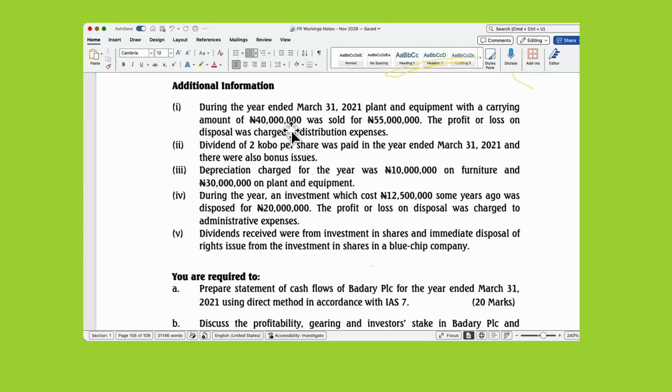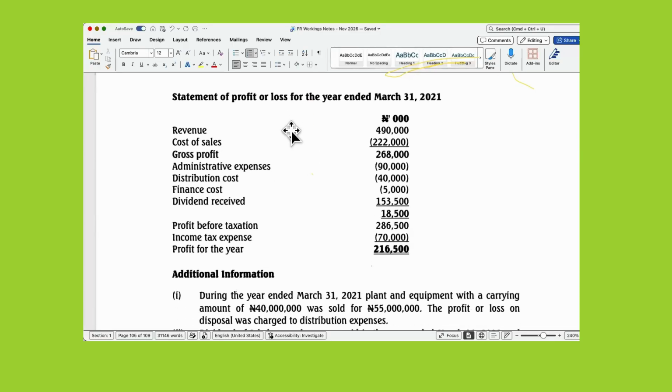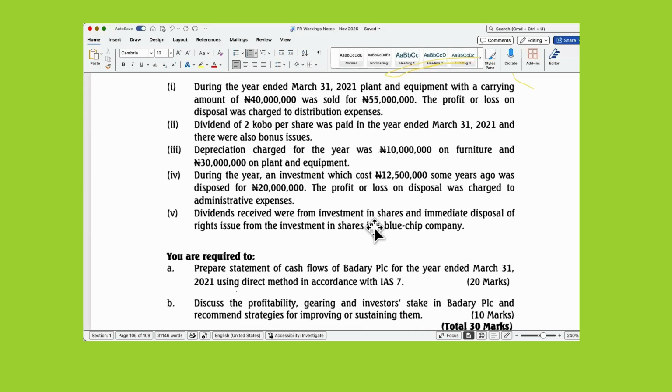I know they are referring to this dividend received in P&L. Ordinarily, I don't think twice. This dividend received, I treat in investing activities, and this is just confirming my assertion that it relates to investments, so I'm going to treat it as such.